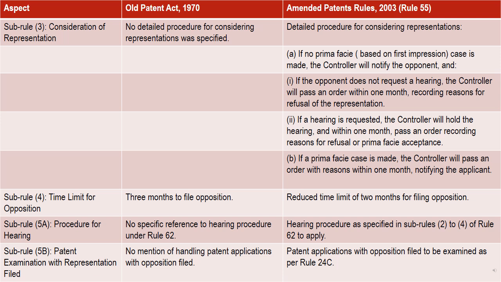The hearing process is now more consistent between pre-grant and post-grant opposition. Fourth one, efficient examination, meaning if an opposition is raised, the patent application will be examined under the rules governing timelines, ensuring quicker resolution. This amendment makes the opposition process faster, more structured and more in line with the patent examination process.